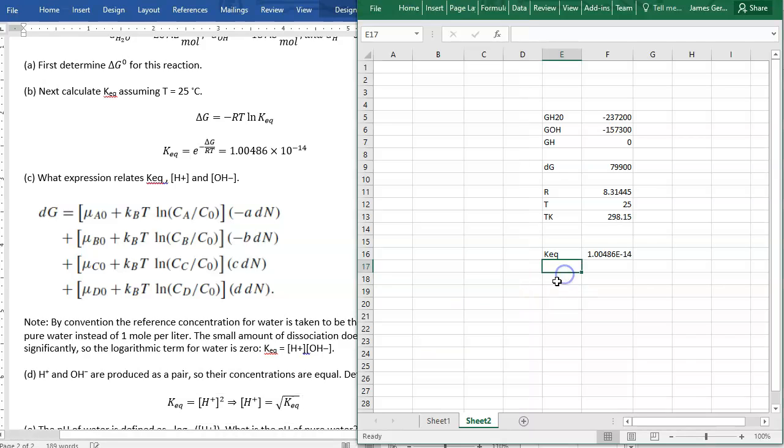So now you can see this amount of water dissociating per mole is not going to change the 55 moles per liter concentration of the rest of the water by hardly anything at all.